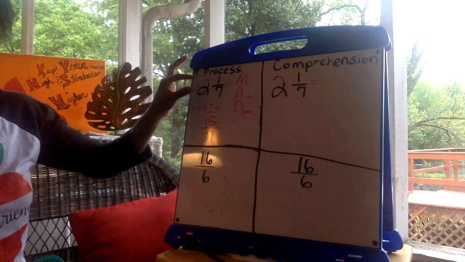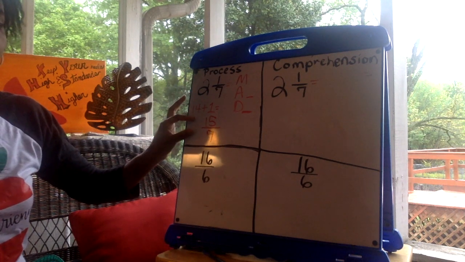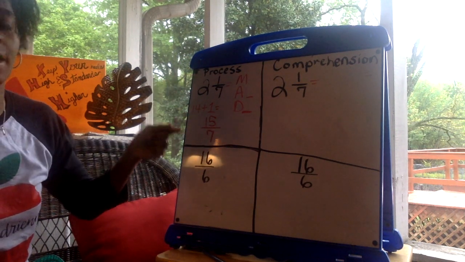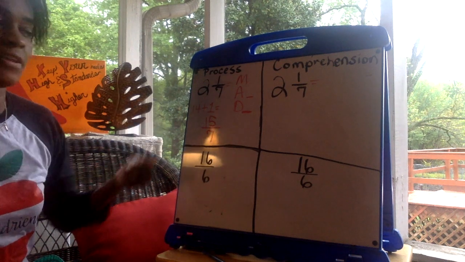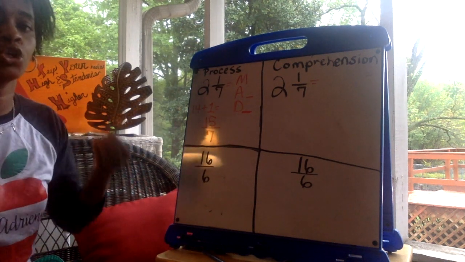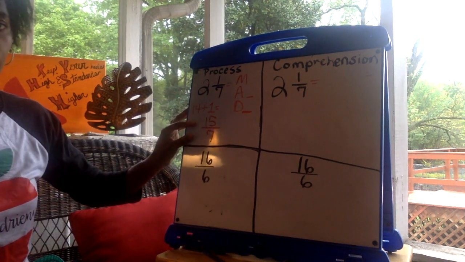Here we've converted this mixed number to an improper fraction using a process, some steps of events that will help us to arrive at the improper fraction.